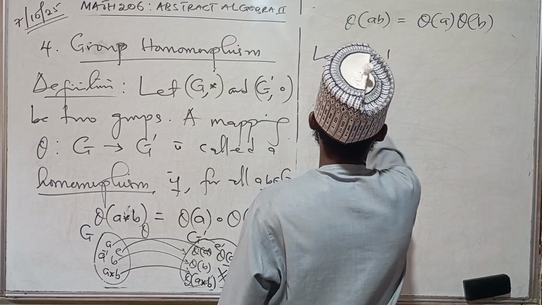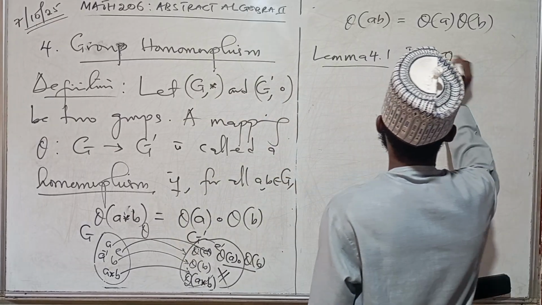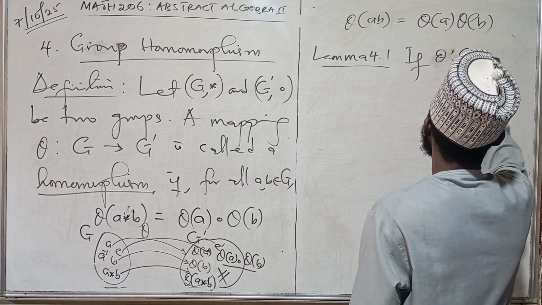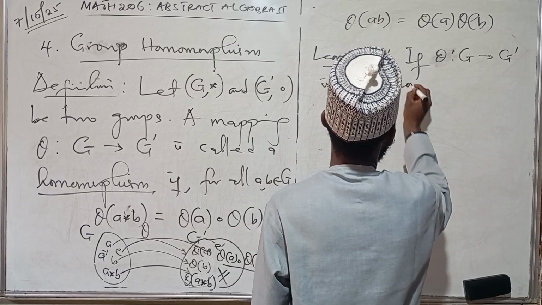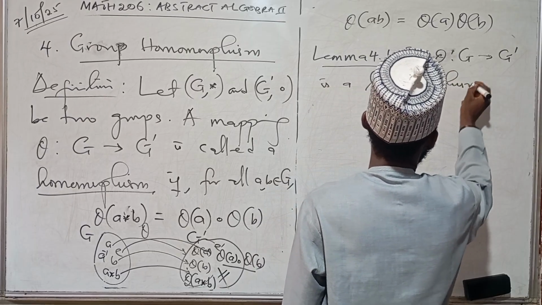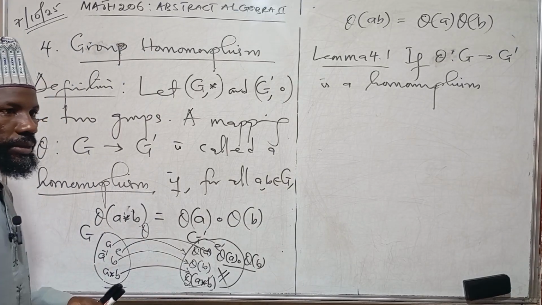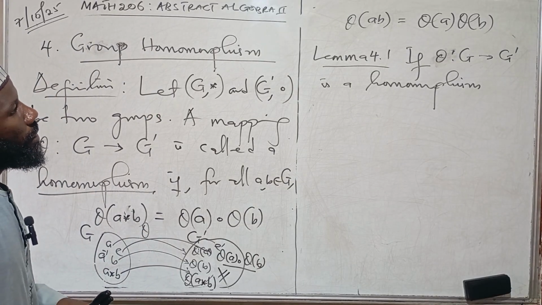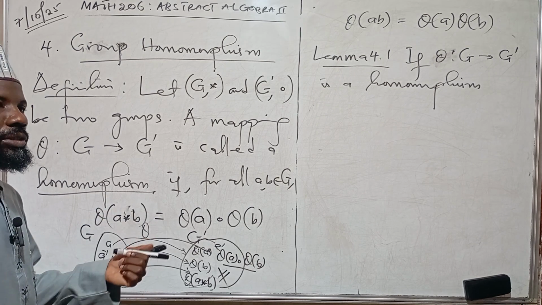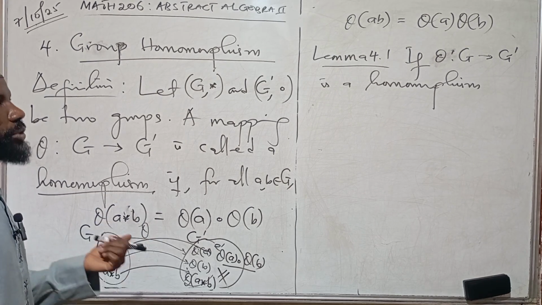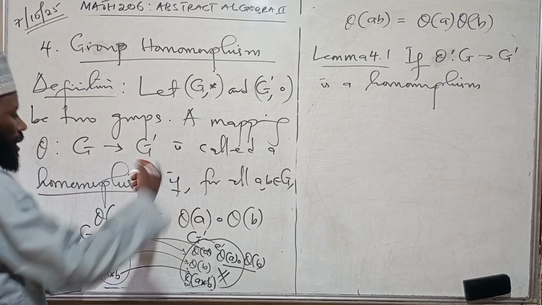So lemma 4.1. So if theta from G to G prime is a homomorphism, theta of A plus B. What is theta of A plus B? If the binary operation of the group is addition, then it will be theta of A plus B, because this star can be any binary operation.